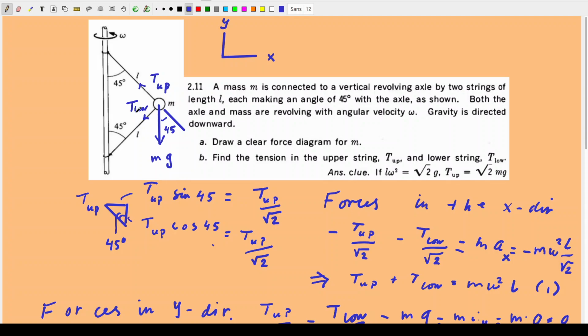So we need to maintain at least this angular velocity omega, or greater.